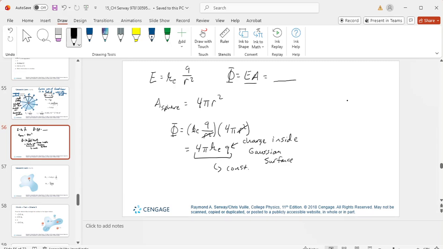Why? So let's think about a point charge. If I have a point charge, remember that the field will be strong near the point charge, and it'll be radially symmetric.